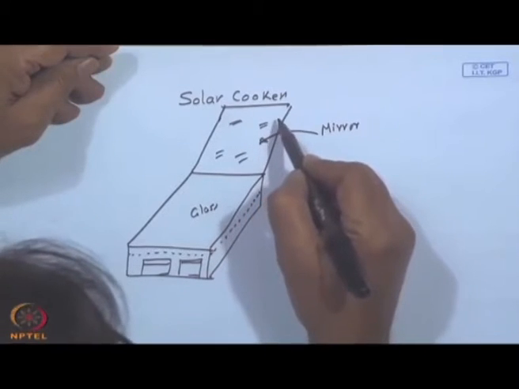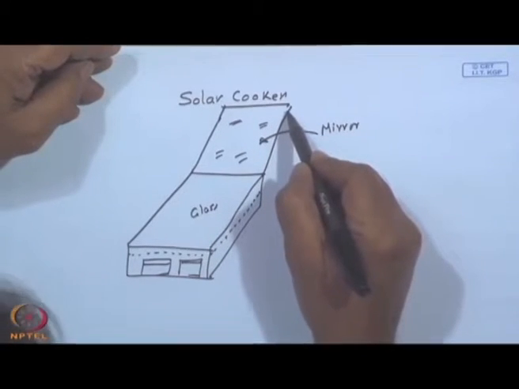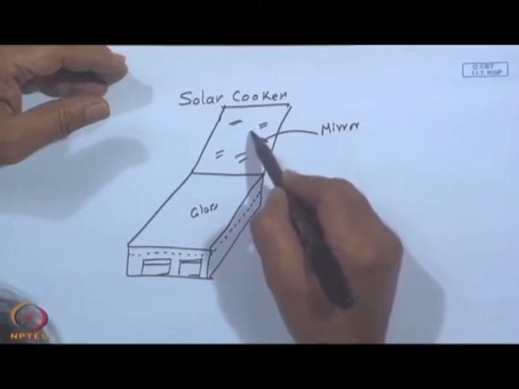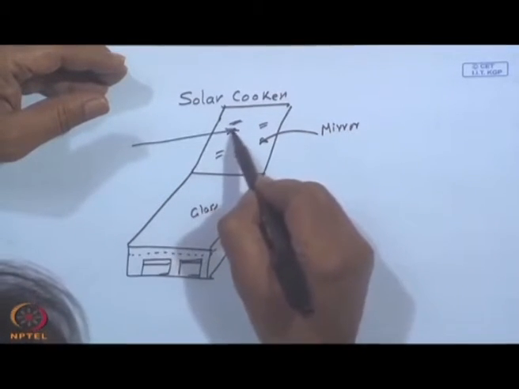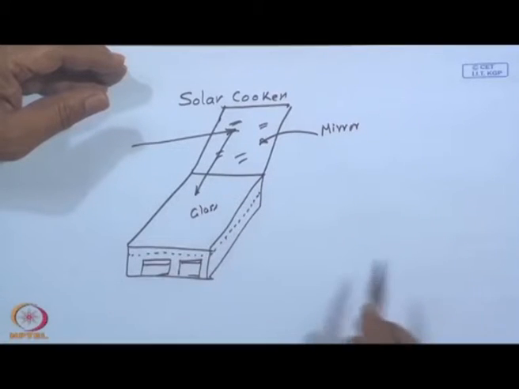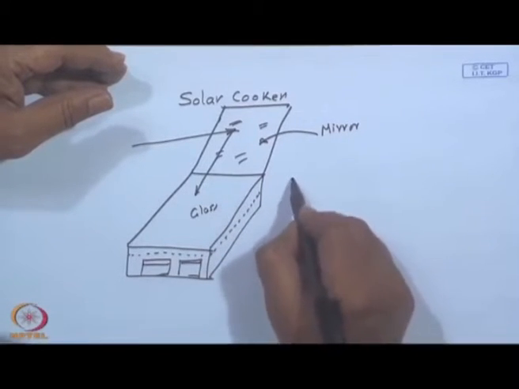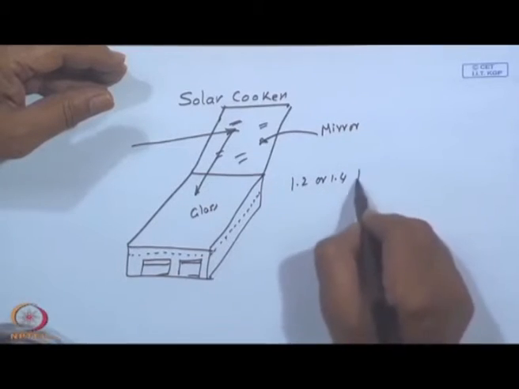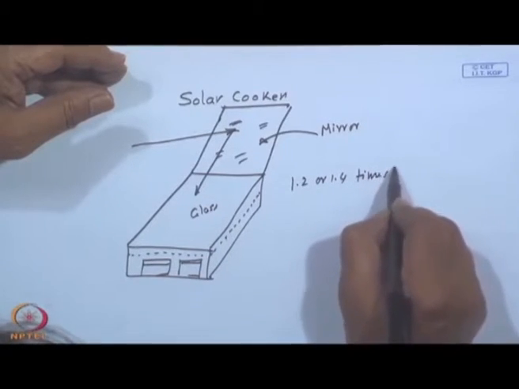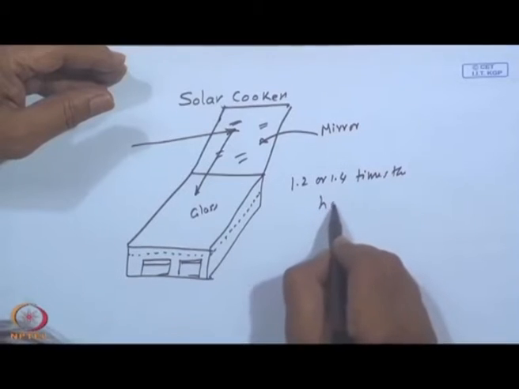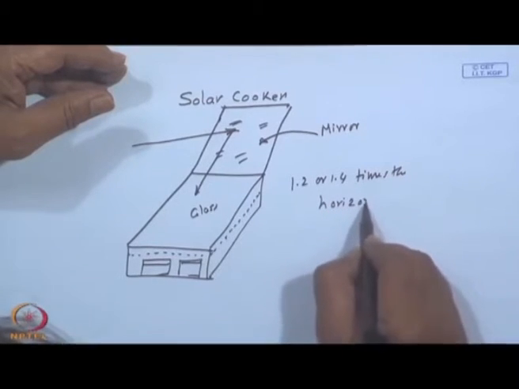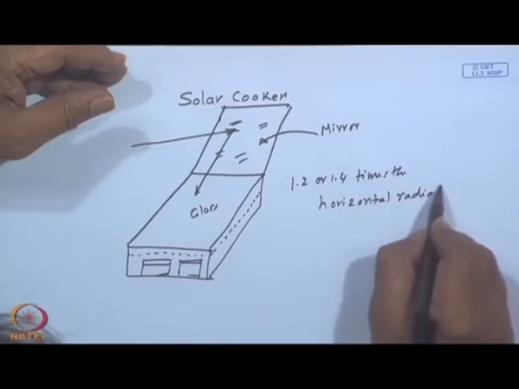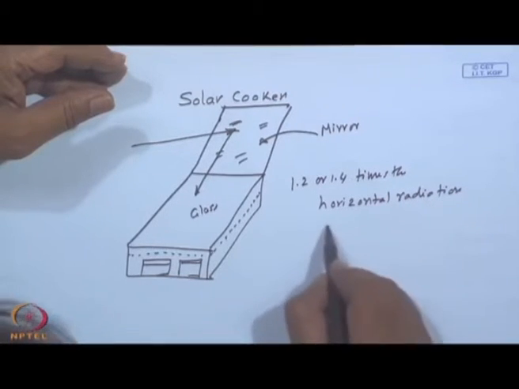Now, the angle of this roof or the lid is such that the reflected radiation from the sun will fall onto this. So, that there may be a factor of 1.2 or 1.4 times the horizontal radiation, because of the booster.